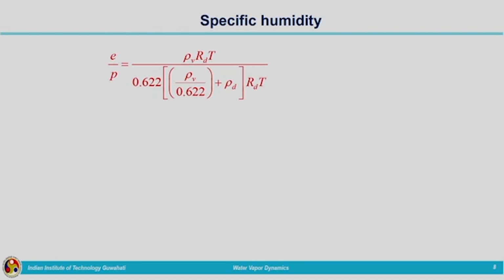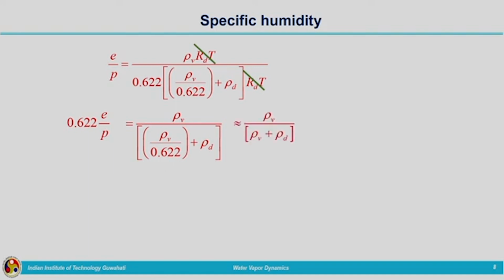Now we can cancel out the similar terms. Rd T gets cancelled and 0.622 we take to the left hand side. So the expression takes the form 0.622 E by P is equal to rho V divided by 0.622 plus rho D. Now we make a certain approximation.